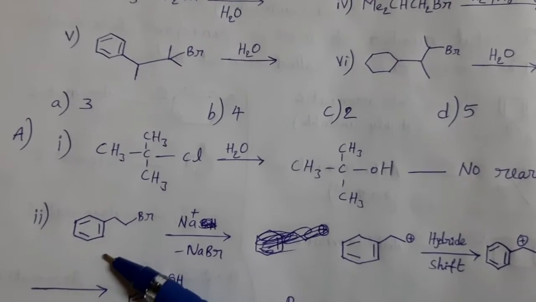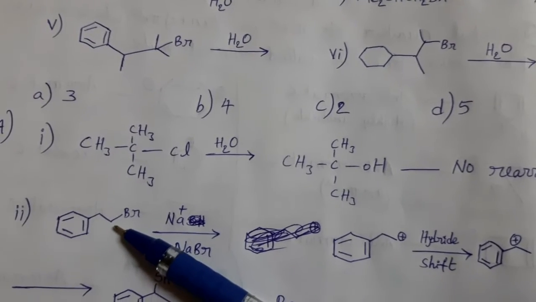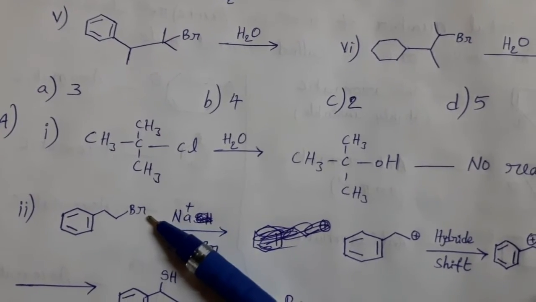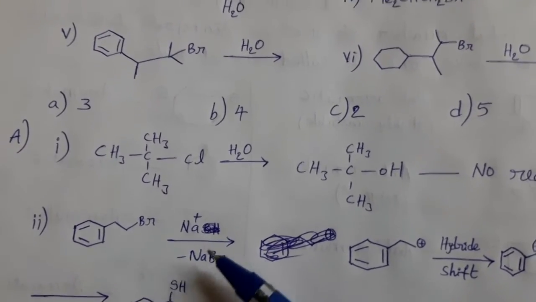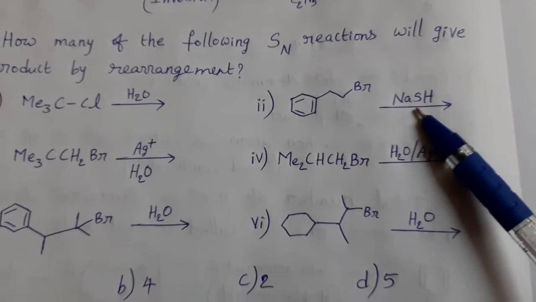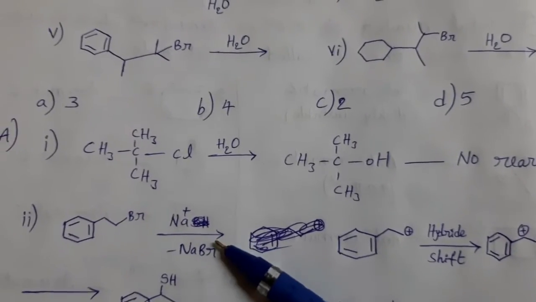Next one, benzene ring having bromine in the side chain. Ethyl group, on one side the benzene ring is attached, on the other side bromine is attached. This aralkyl bromide is treated with NaSH. Then what happens?